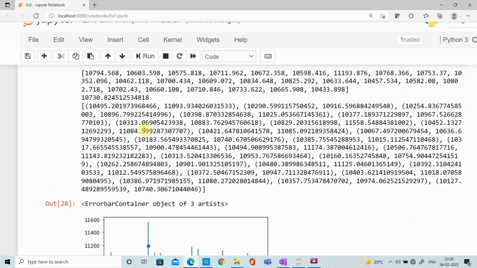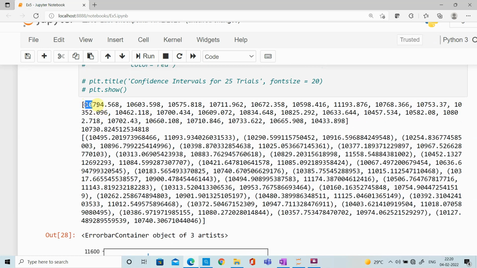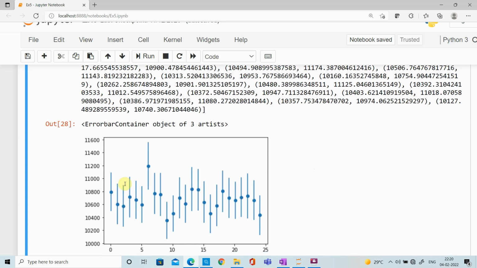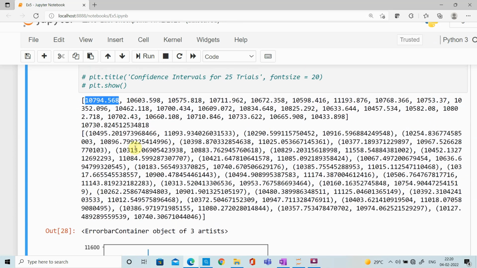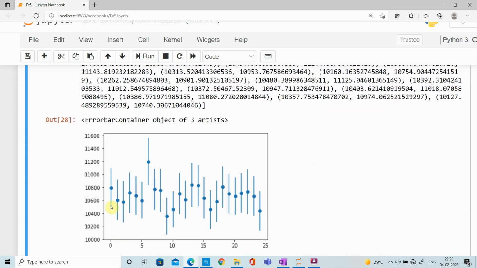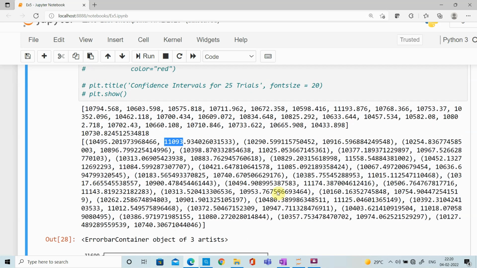You see here, the first sample mean is around 10794 and its confidence interval is 10,495 to 11,093. So for every iteration, the corresponding sample mean and confidence interval will be plotted in the graph.